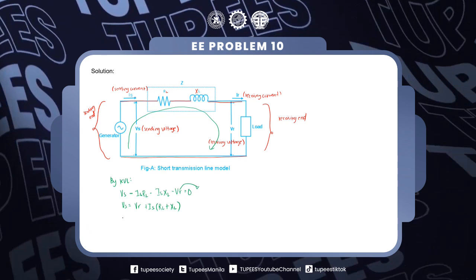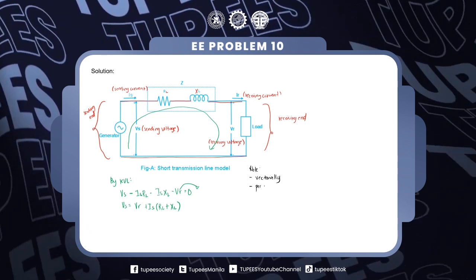Meron tayong mga note lang. Ang approach natin dito is vectorial. Meaning, yung Vs, VR, Is, RL, XL, vector quantities yan, so may associated magnitude and direction. Because we are dealing with AC circuit.